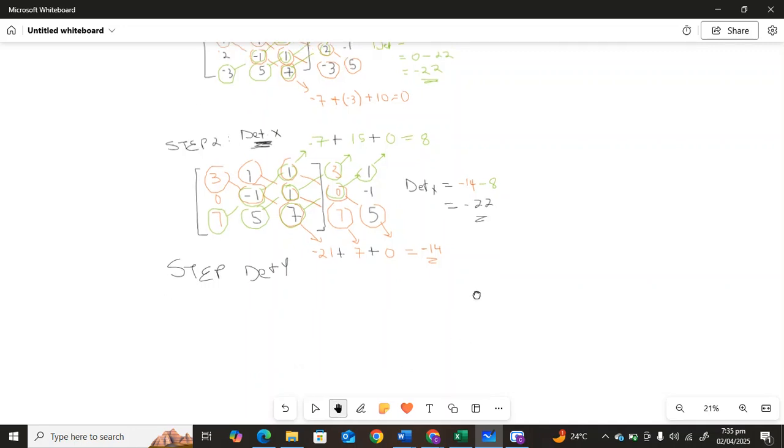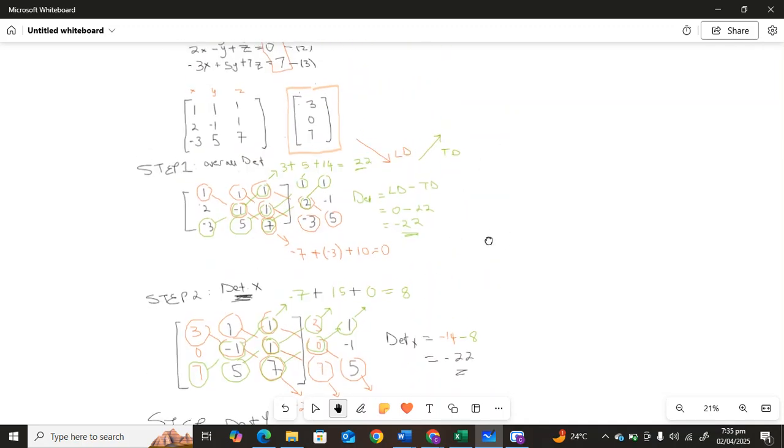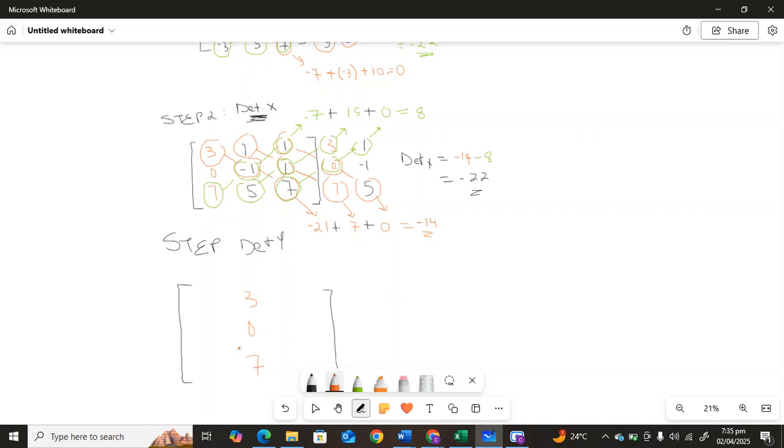So since we are getting the y determinant, it means when we make our matrix, our y column is going to be substituted with 3, 0, and 7. So whatever determinant you're getting for the letter, just know that its column will be replaced by the constant matrix. So in this case, it's this 307. So our x column stays the same, 1, 2, negative 3.